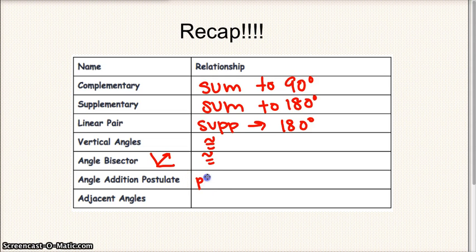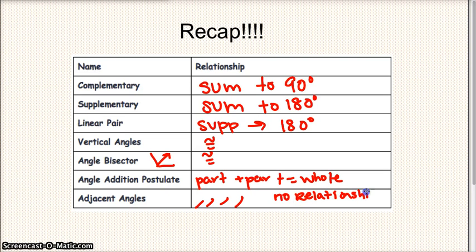Angle addition postulate is the idea of a part plus a part equaling the whole. And then adjacent angles, they really have no mathematical relationship. They just describe a location.